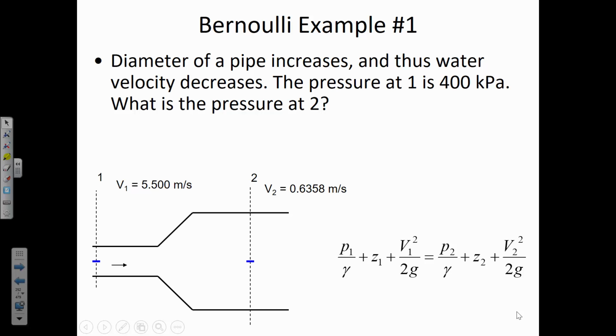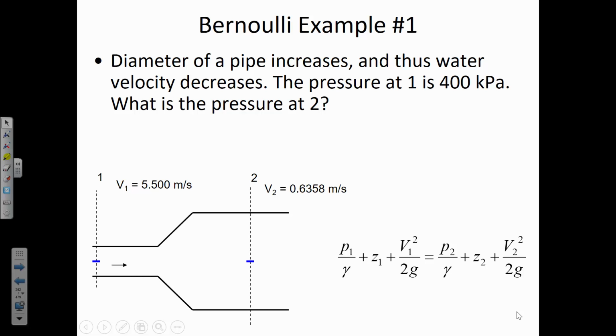So here at location 1, the flow is coming in, the velocity is equal to 5.5 meters per second. And then here at location 2, the velocity that comes out is 0.6358 meters per second.